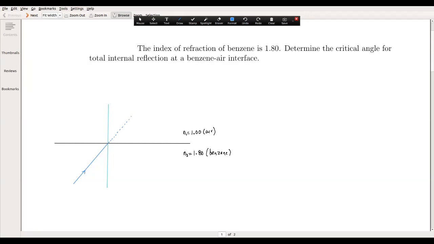Benzene is denser because the speed of light is smaller inside benzene, or the refractive index is larger. So instead of going straight, it can either bend towards the normal or away from the normal. When it goes from air to benzene, it will bend towards the normal. But now we are going from benzene to air specifically to see an effect which is called the total internal reflection. So the ray from here on bends a little away from the normal, so that's down there.